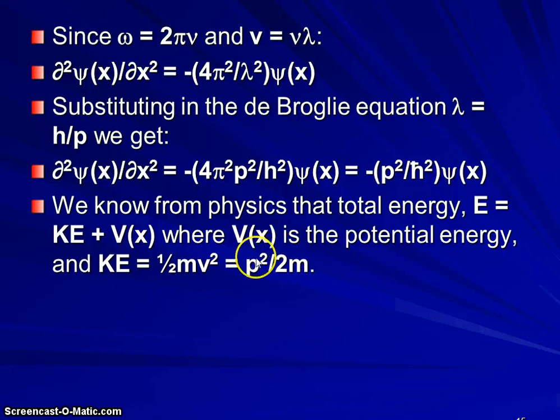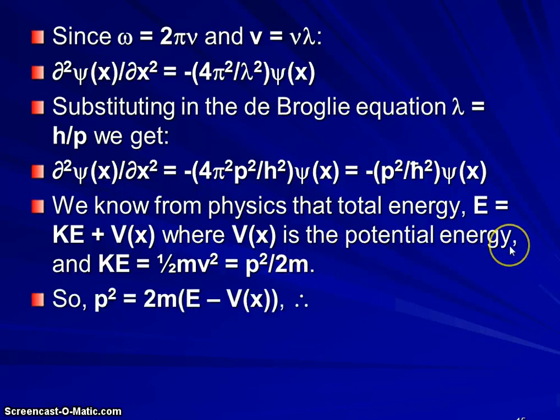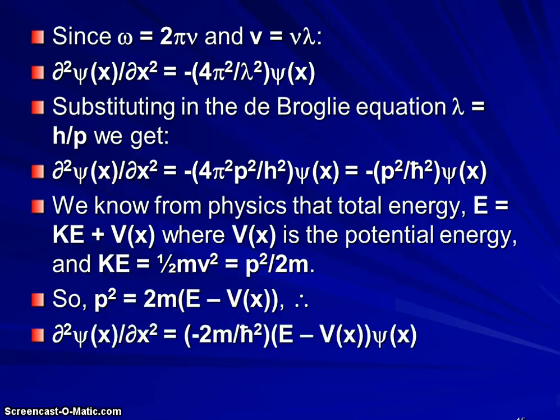So p squared is 2m times the kinetic energy, where the kinetic energy is the total energy minus the potential energy. So we can substitute this in for p squared.